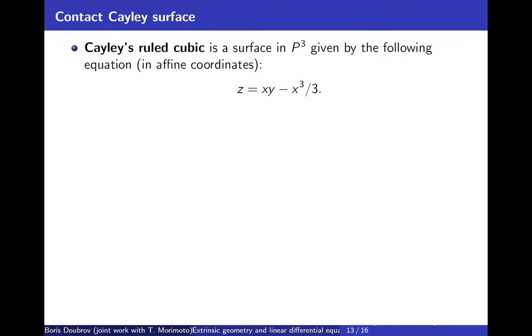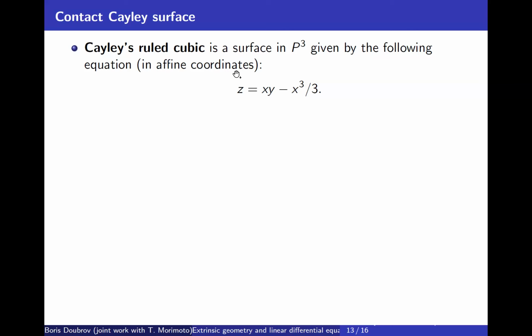Thank you. Yeah, so back to Cayley's ruled cubic. Non-singular cubic surfaces in P3 are a very classical topic in algebraic geometry, but it's less known that Cayley was able to classify all cubic surfaces in P3, including all singular ones.